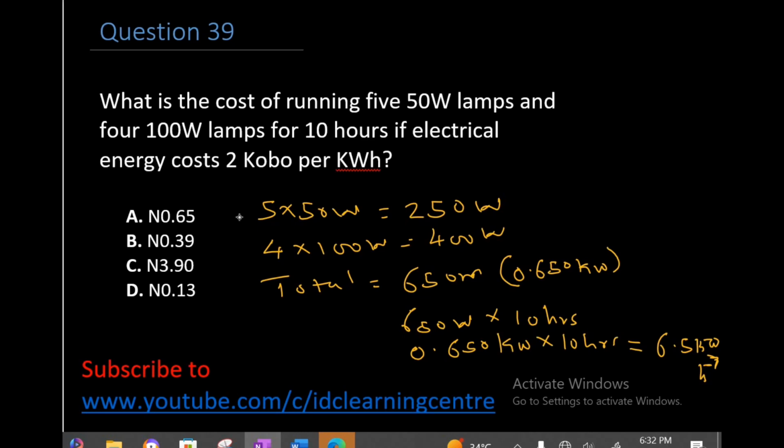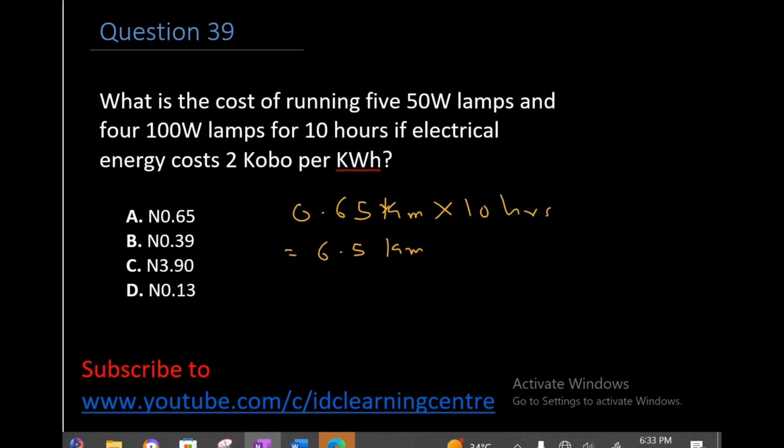So we're still going to multiply 2 kobo per kilowatt. Right, let's create space here. So we have 6.5 kilowatts per hour. Okay, the energy cost is 2 kobo per kilowatt per hour. Sorry, I said kilometer per hour here. This is kilowatts.